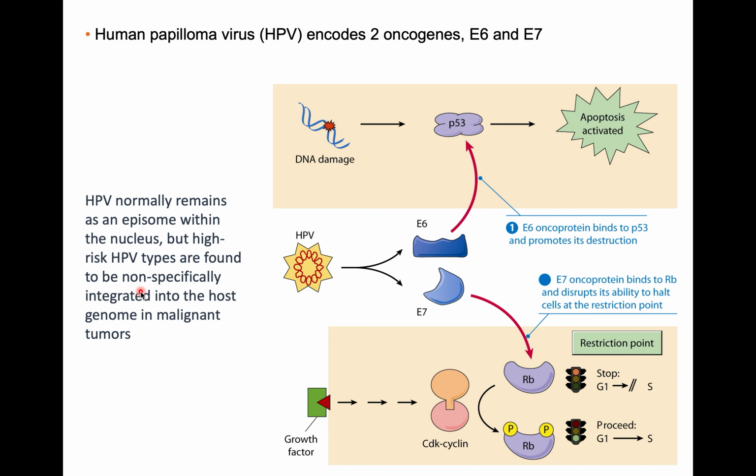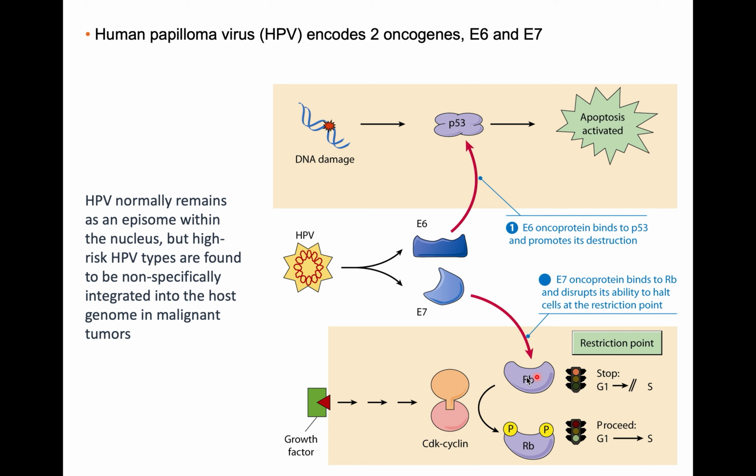So in terms of how HPV causes cancer, the HPV genome actually codes two oncogenes, E6 and E7. E6 will block the P53 tumor suppressor gene, which, as I mentioned a minute ago, has the normal role of triggering apoptosis in damaged cells, so it's blocking that from happening.